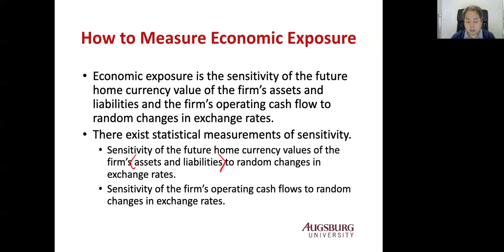The other part is the operating cash flow: the firm's operating cash flows are also affected by random changes in the exchange rate. So we have to separate these two cases and manage each separately.